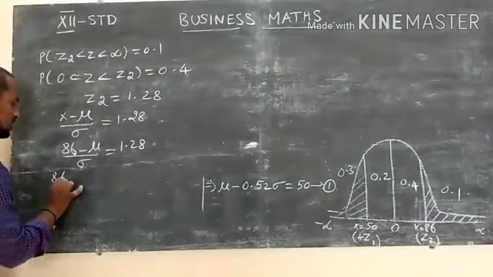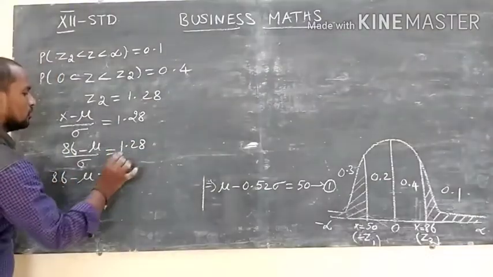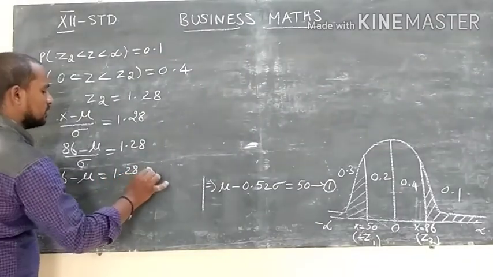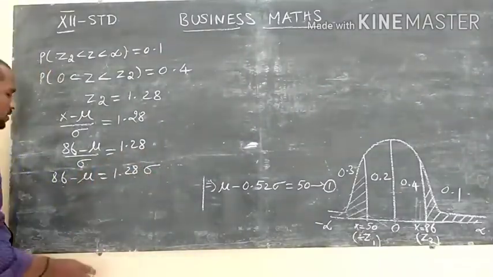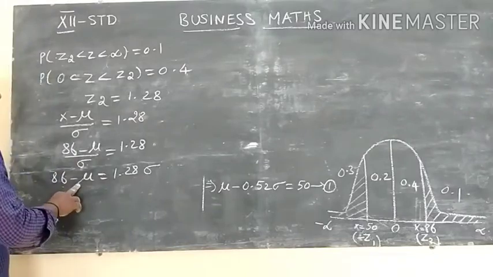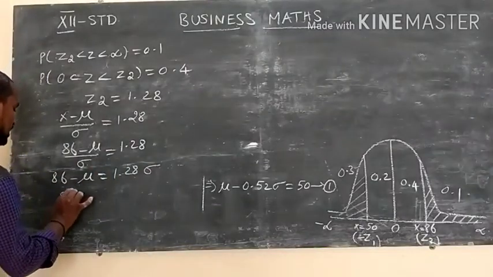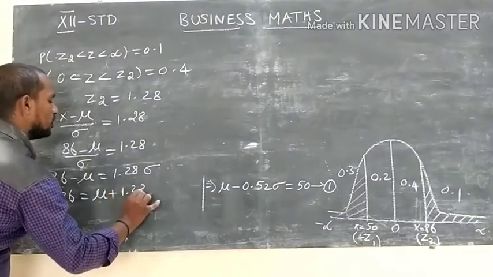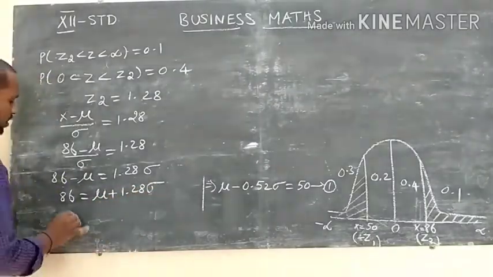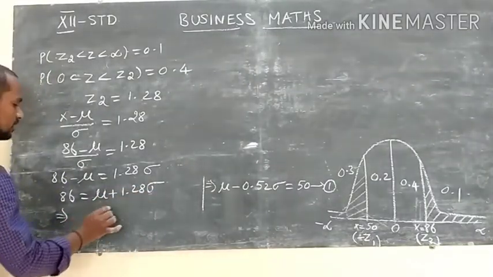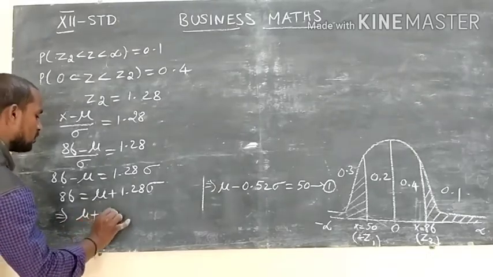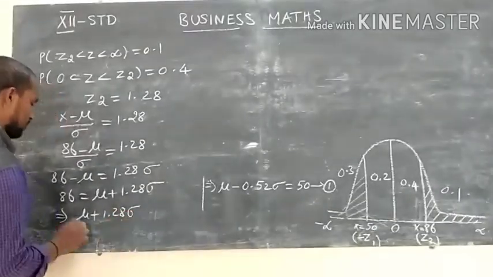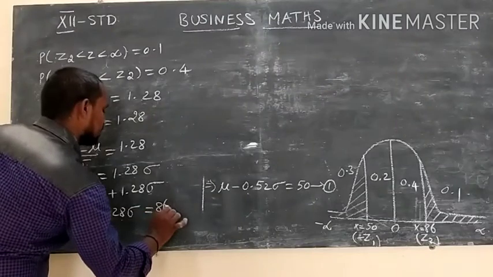Cross multiplying, 86 minus mu is equal to 1.28 sigma. Rewriting the equation, mu plus 1.28 sigma is equal to 86.